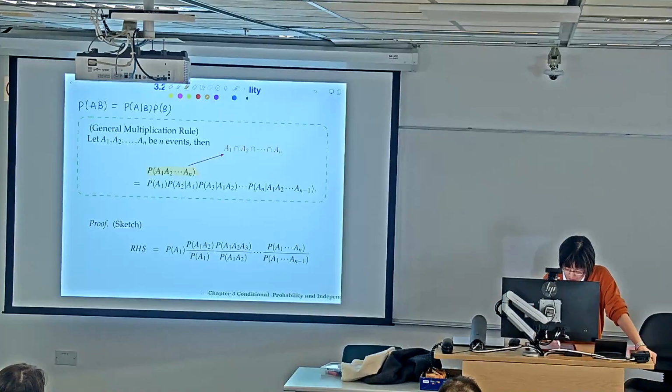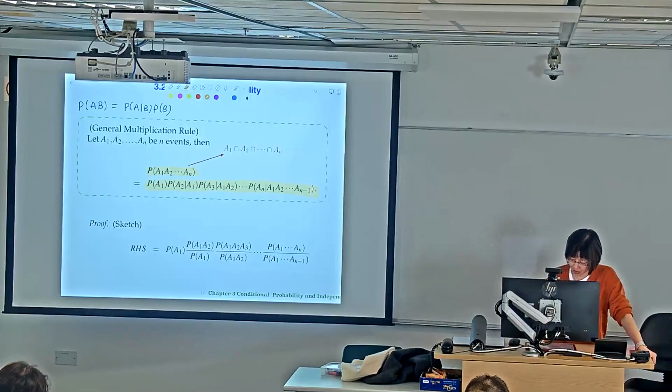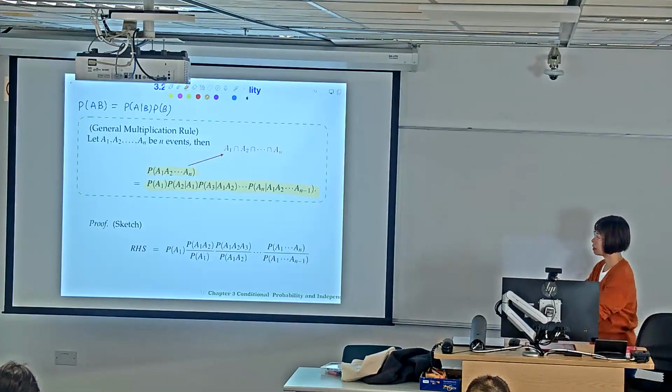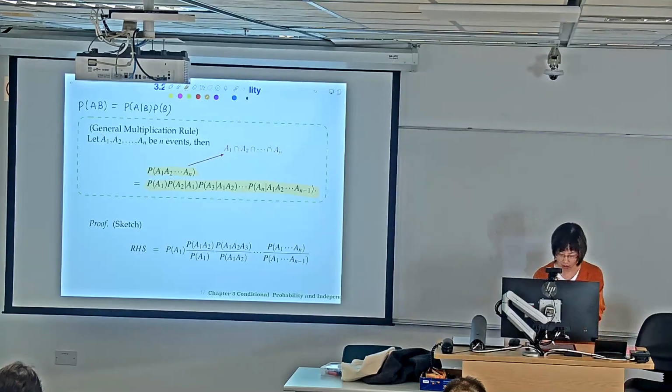It's P(A1) times P(A2 given A1), then P(A3 given A1, A2), and following this pattern, the last one is P(An given the previous n minus 1 events occurring at the same time).